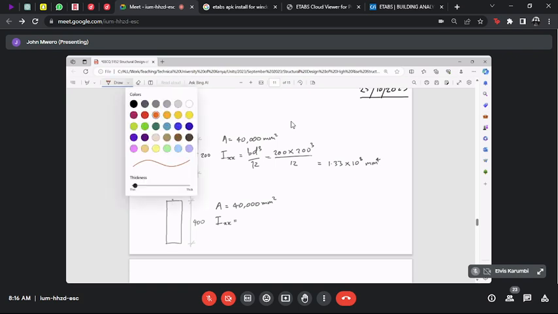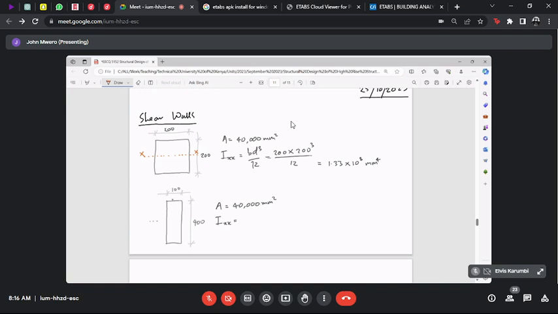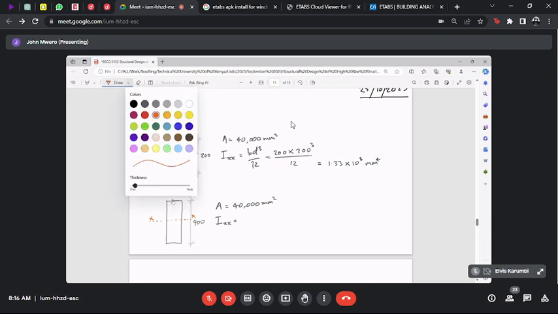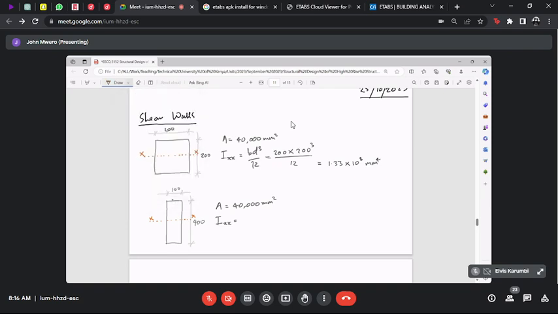And the second moment of area, if we consider that about an axis approximately at the center, x, would be BD cubed over 12. B is 100, my apologies.